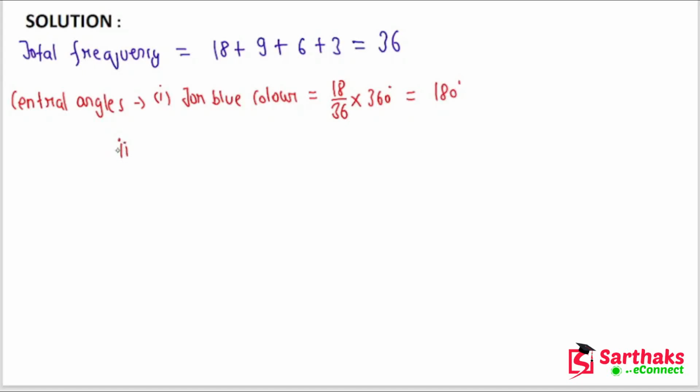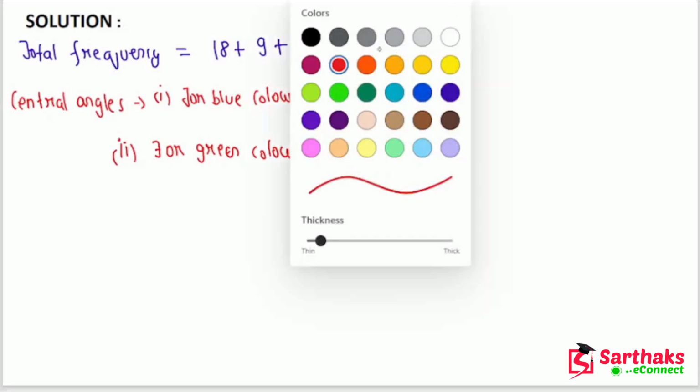Second, for green color, it would be 9 upon 36 into 360 degree, which would turn out to be 90 degree, right?